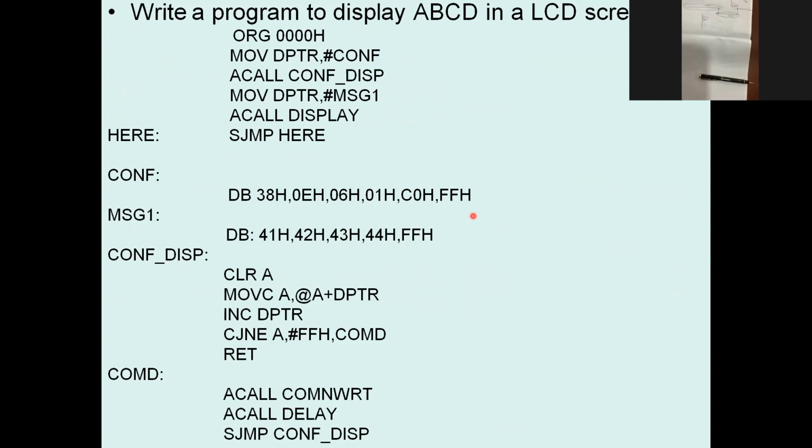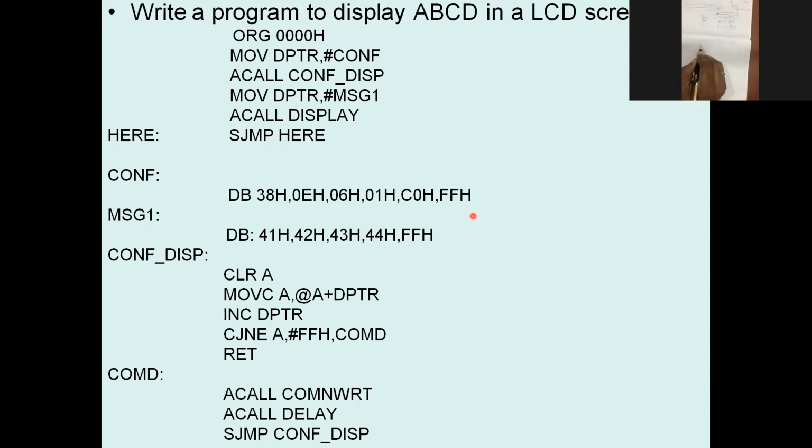So first, what are the ASCII codes of A, B, C, D? What is the ASCII of A? I already told you. Remember? Yes, sir. 0 to 9 means add 30, and above that add 37. 0 to 9 means 30 to 39.